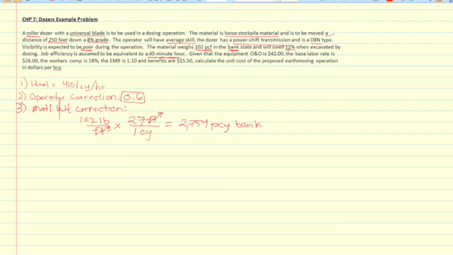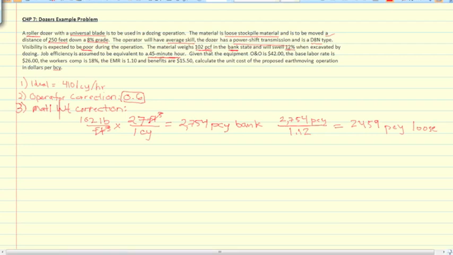So we take our bank, 2754 PCY, and divide it by 112%, so we get 1.12 on the bottom. That's where the swell factor comes from. Punch that in and you get 2459 pounds per cubic yard, but that's loose.